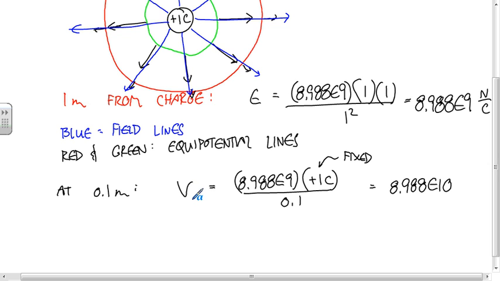There's something here that gives you a really good hint. Electric potential is always volts.